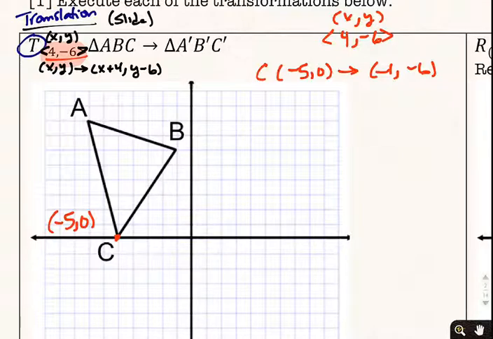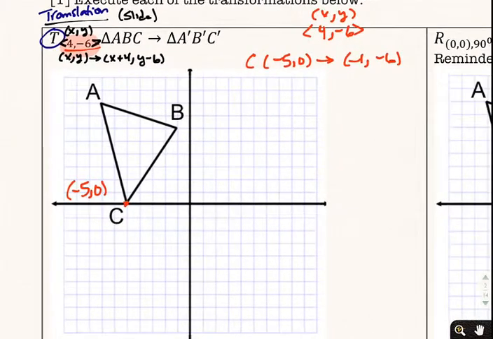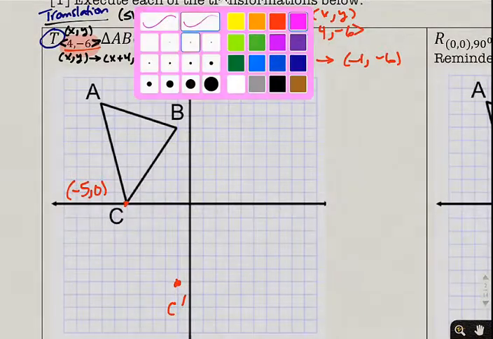All right, so tracking that on my grid, this is going to be negative 1, comma 1, 2, 3, 4, 5, 6. Okay, and that's going to be my C prime. So I'm going to move the other ones the same way. I'm going to switch colors here.